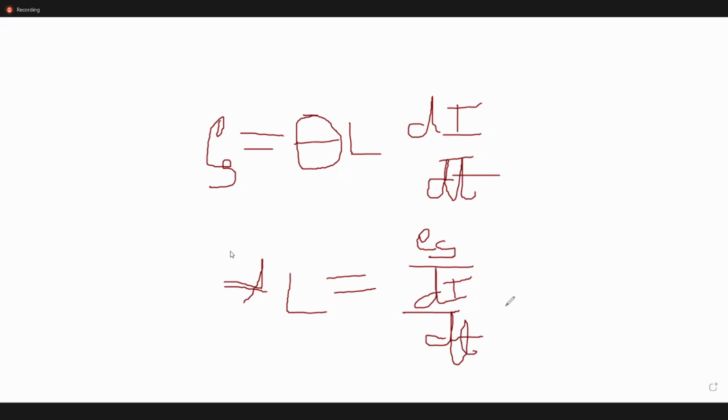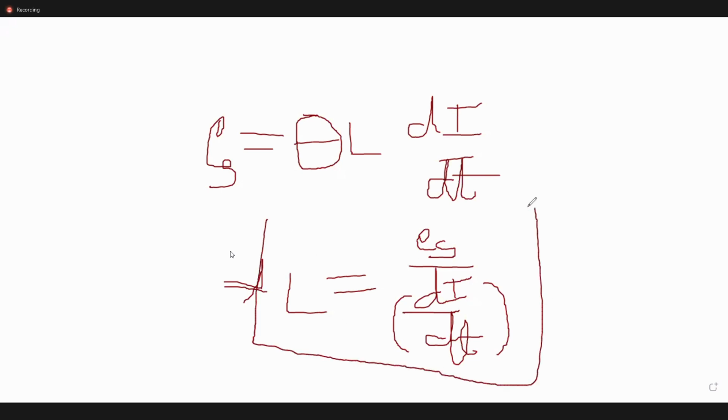This is the second formula of the self-inductance or inductor or coefficient of self-induced EMF. Unit is Henry. Rate of change of current: ES divided by di by dt from the formula.